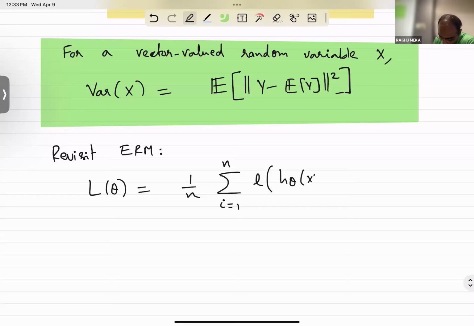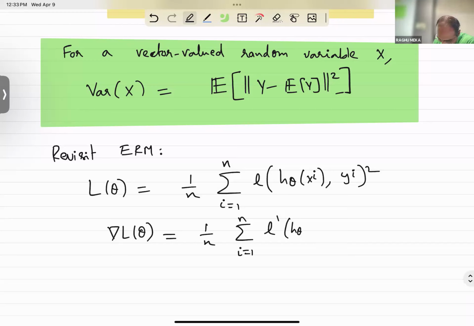Sorry, this was my loss function. And the exact expression for the gradient was this. Right.